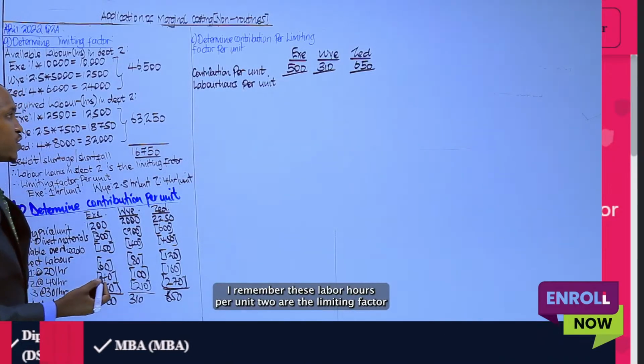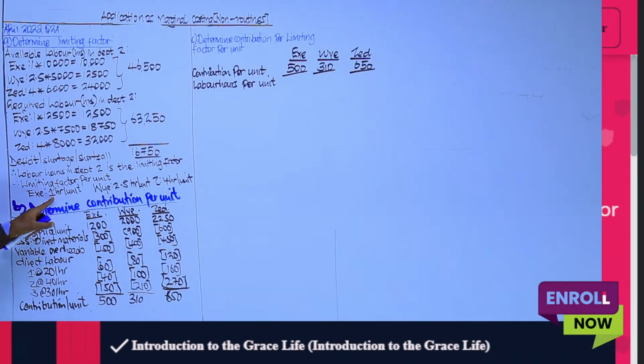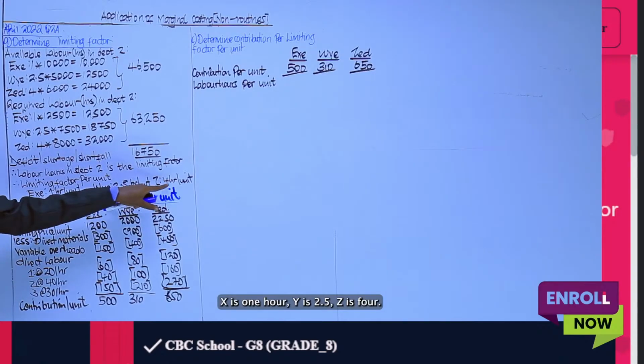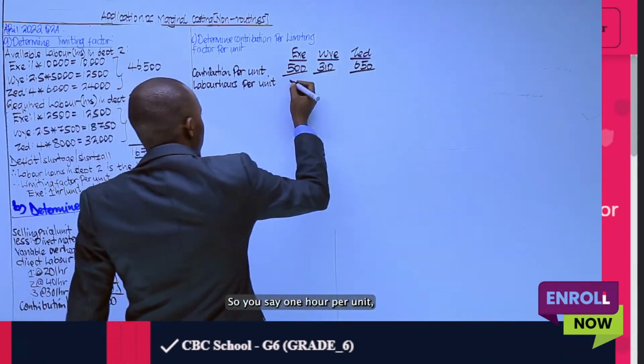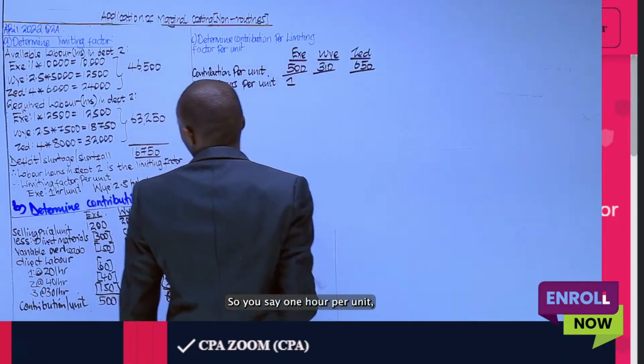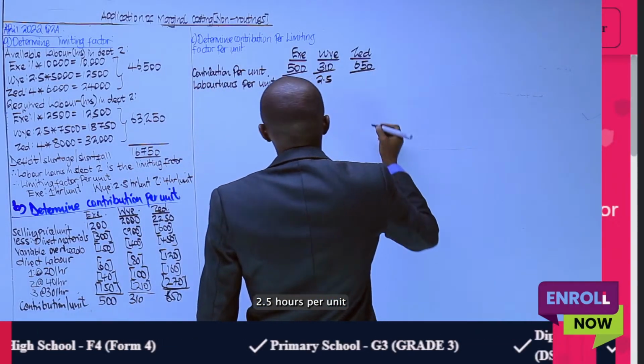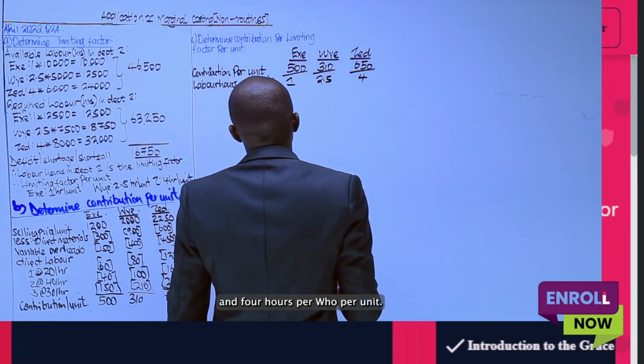Remember, these labor hours per unit are the limiting factor. X is 1 hour, Y is 2.5, Z is 4. So 1 hour per unit, 2.5 hours per unit, and 4 hours per unit.